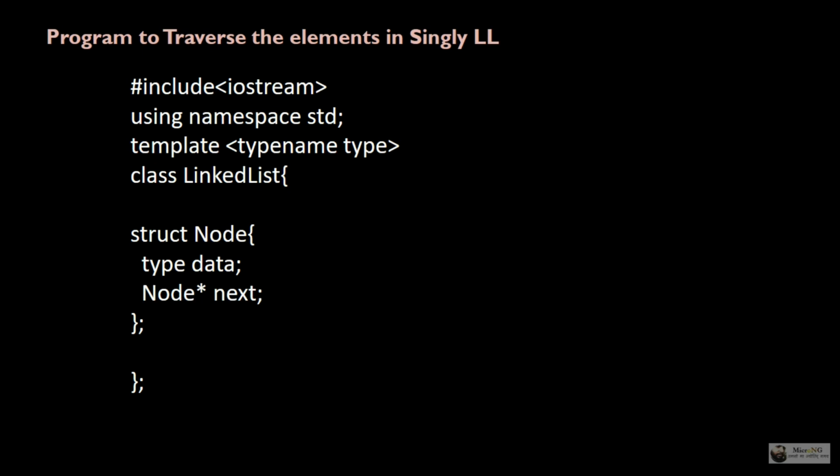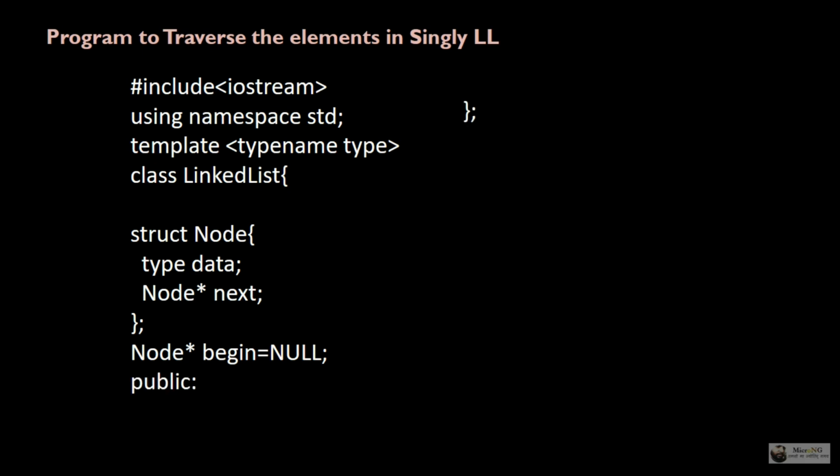The first part is the data we need to store, and the second is a node pointer, next, which points to the next node. There will be a global pointer begin which is initialized as null, but it will always point to the first node of the single linked list.